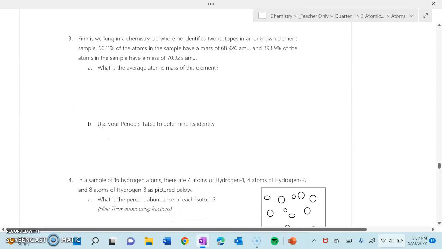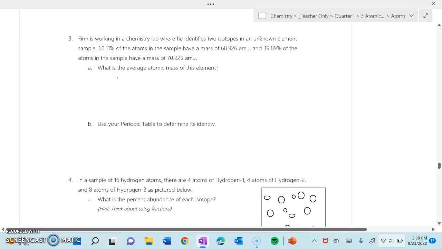Finn is working in chemistry lab where he identifies 2 isotopes in an unknown element sample. This one's a little bit different, so we're going to do this together. 60% of the atoms have a mass of 68.926 AMU, and 39.89% in the sample have a mass of 70.925 AMU. What is the average atomic mass of this element? Same process.